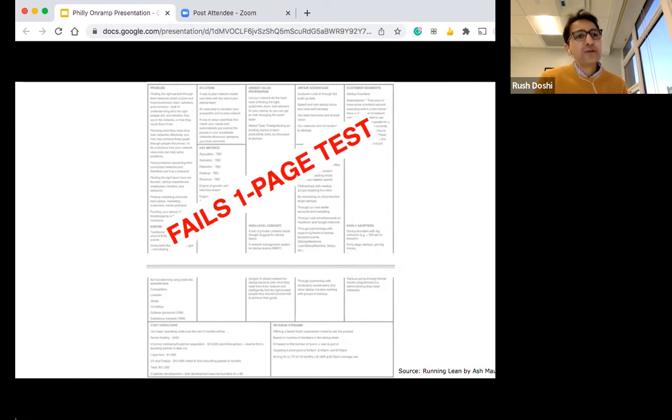When you're going out there to raise money, you are going to be asked a lot of questions around those things. So I think many elements of a business plan you still probably should do. But I don't think you should do that until you've actually validated.